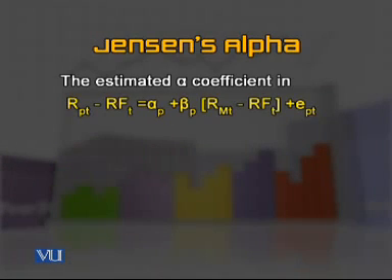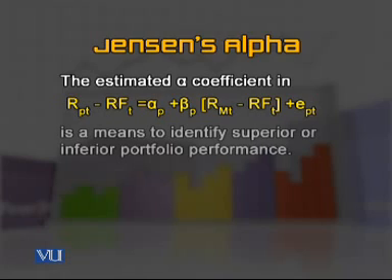If you look at your screens, you'll find another equation, and the estimated alpha coefficient in the equation will be a means to identify superior or inferior portfolio performances. Jensen's alpha will let you estimate the performance of a portfolio.